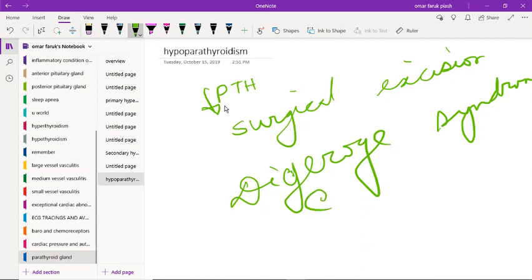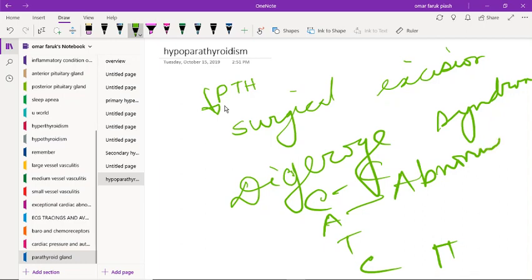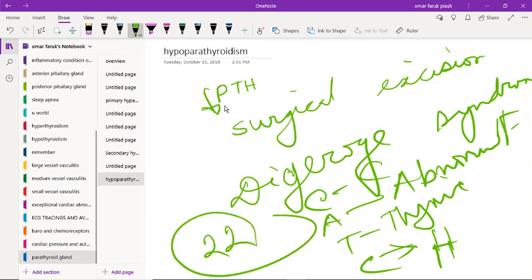There is a mnemonic saying CATCH 22: cardiac anomaly or conotruncal abnormalities, abnormal faces, thymic aplasia, cleft palate, and hypocalcemia. And chromosome 22 problem.